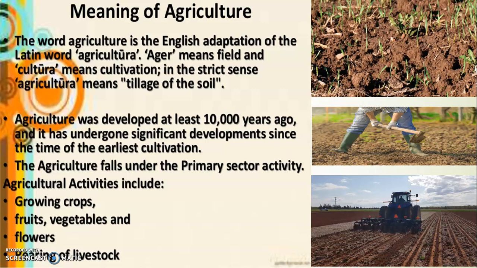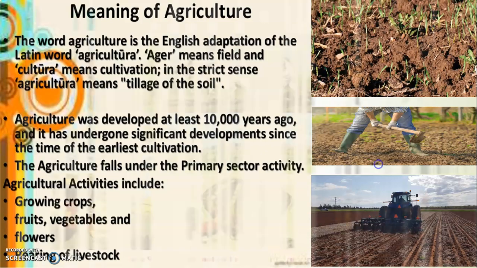It is not only growing crops like rice, wheat, jawar, bajra, no. Along with that, agriculture also involves growing of different pulses and cereals, vegetables and fruits, flowers, and also rearing and raising of livestock. Livestock means animals. Okay, so let us understand in detail what exactly this agriculture means.